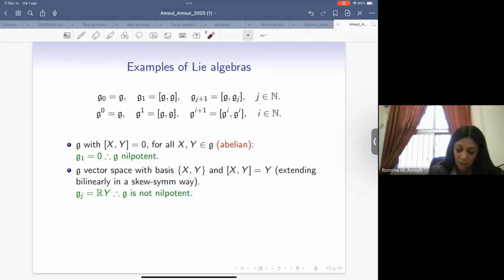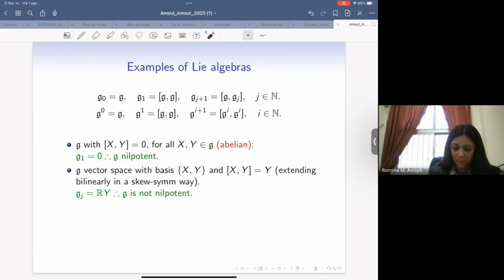This Lie algebra is not nilpotent because whenever you take the bracket of two elements, you always get y. So this ideal is going to be the space generated by y.